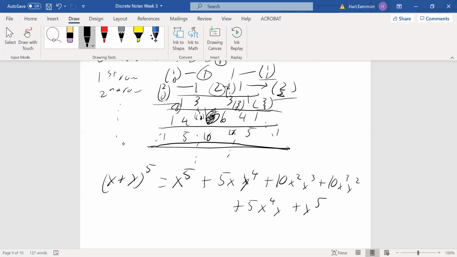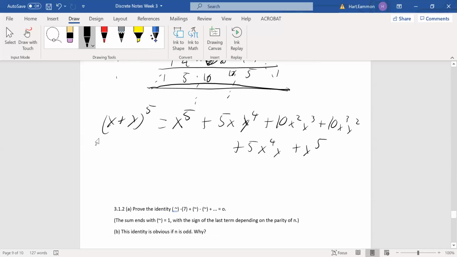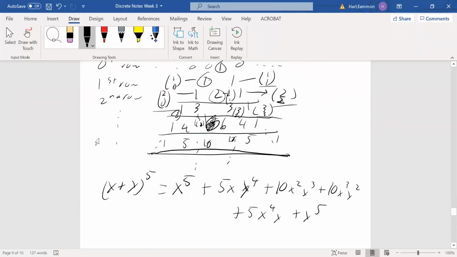So if you just want to do the summing up of Pascal's triangle, then you can get that.